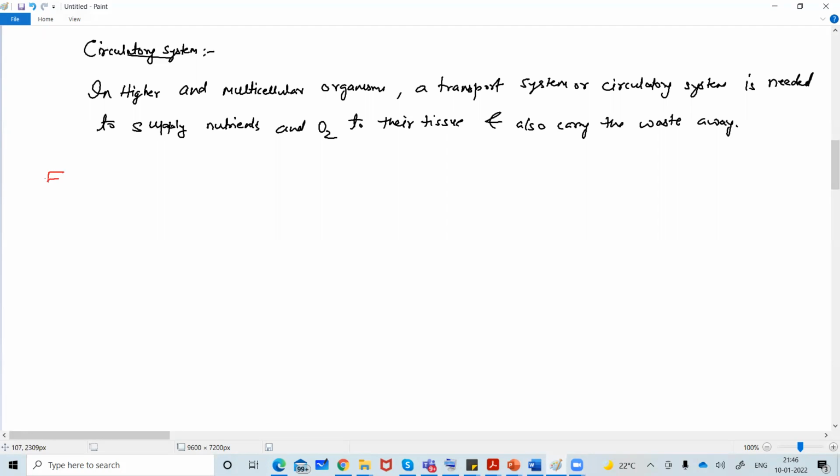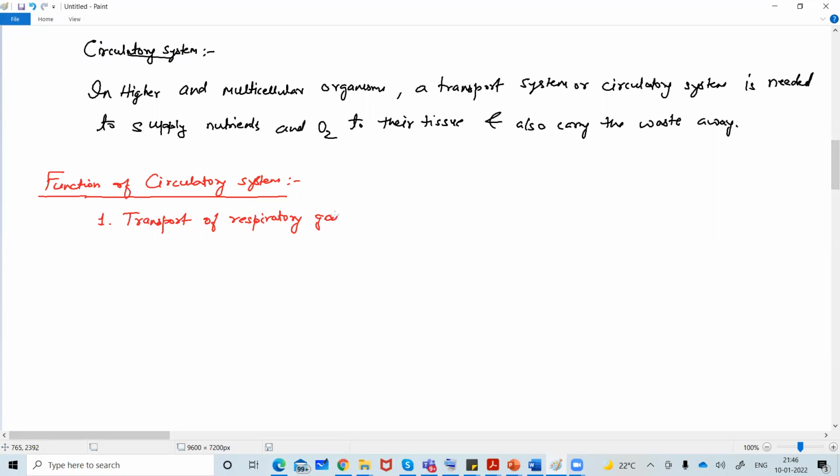So we'll talk about functions of circulatory system. So the first function is already clear. They are transporting gases. They are transporting nutrients. They are transporting waste substances. Apart from that, they also transport some other things. So let me write here the first function, transport of respiratory gases.